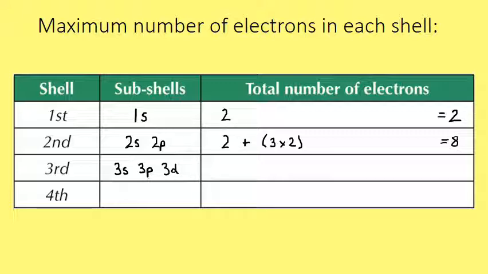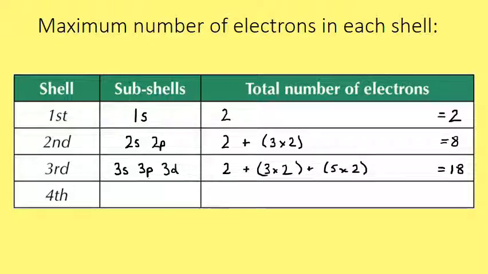First of all, in the 3s orbital, we have the 2 electrons. Then in the p orbitals, right, there are 3 p orbitals. That's in the third shell, so that will be 3 orbitals times 2, just as we had before. But now we also have the d orbitals, and there are 5 d orbitals, and each orbital has 2 electrons. So that gives you the total number of electrons in the third shell, and you can quickly work out that that is 18.